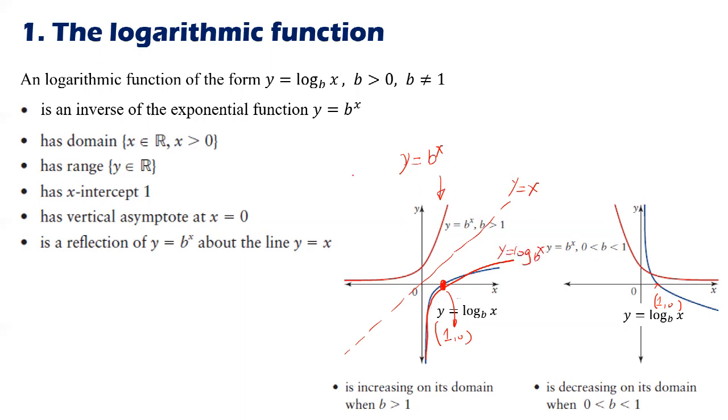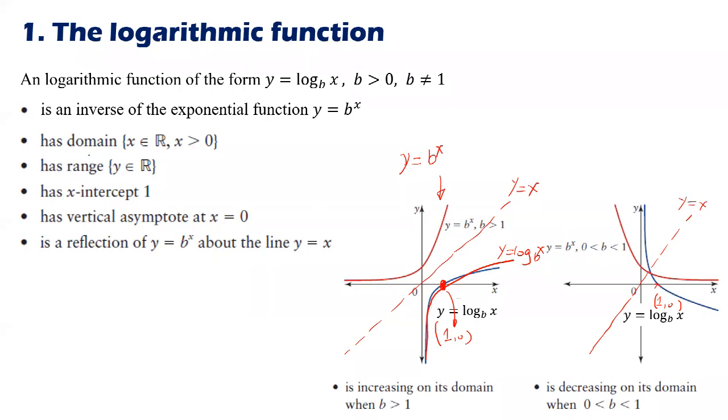These two functions are the inverse of each other, so they must be symmetrical about the line y equals x. And in the other case, you can also find that these two functions are symmetrical about the line y equals x because the two functions are inverses of each other.